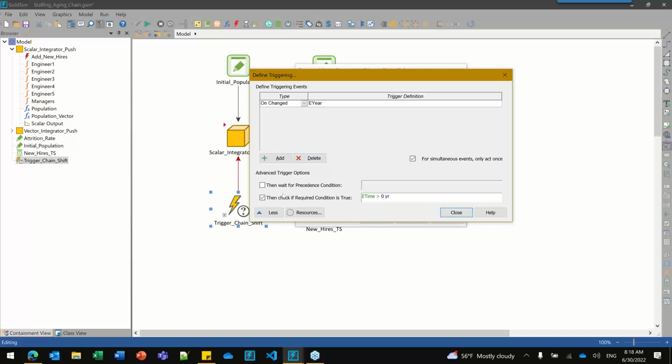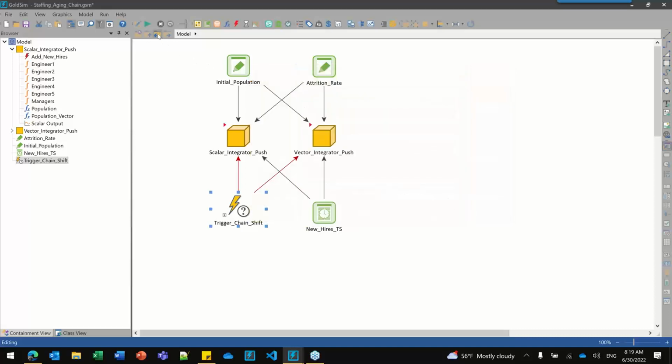And so that's why we have this check down here that's added that says that we need to wait until the simulation has started to move forward in time so that we don't push everybody out at time 0. We need them to work for 1 year before going to the next cohort. Okay, so that's how that works.